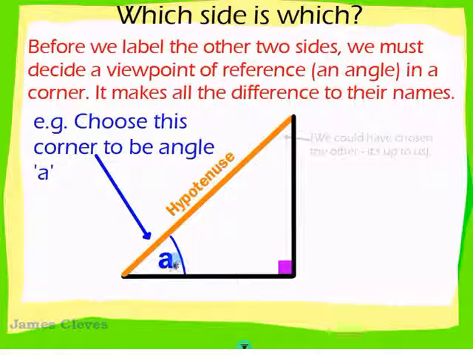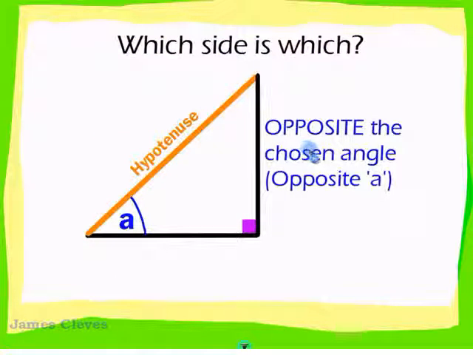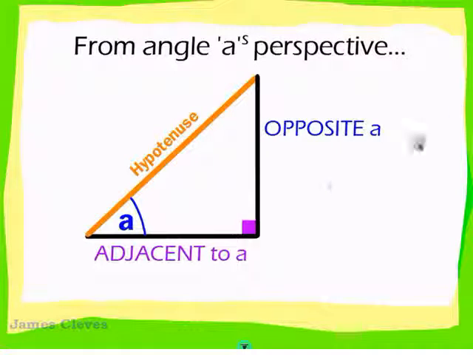If we say this one here is the angle in question, then we can label the sides. If this is our angle A in this corner, everything's in relation to that. This side, which is directly opposite the angle, we call the opposite side.